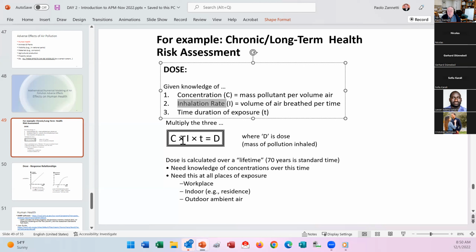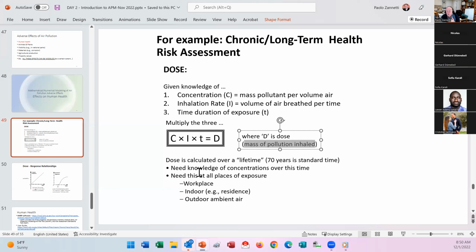And of course, you have to be careful because the concentration inhaled could have been caused by different sources. Some are natural. This person was cooking at home. When you're cooking, you create, as a minimum, when you burn natural gas, you create NOx.